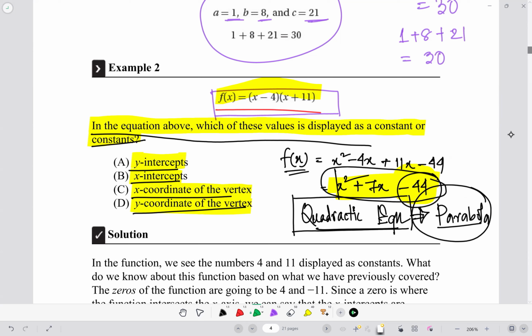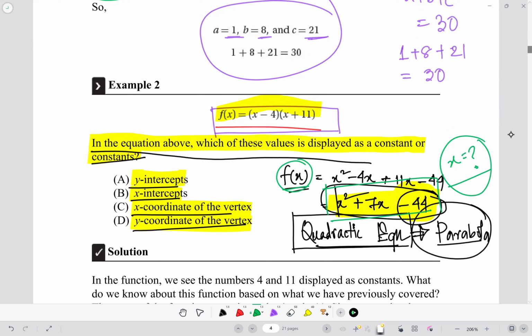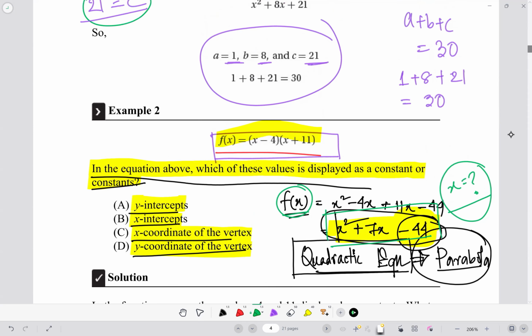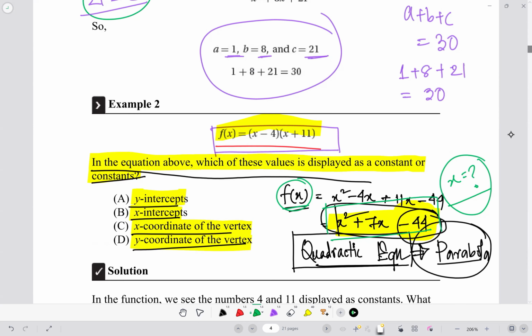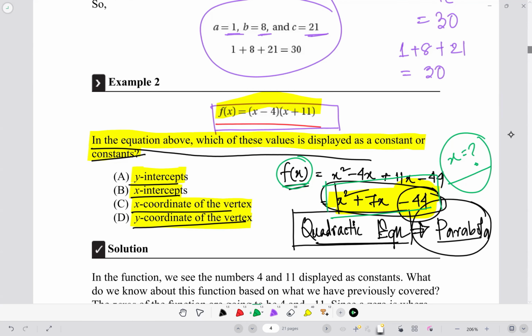If you solve x squared plus 7x minus 44 for x, what is the value of x? You can solve it, but that won't help you to find the answer, because we are asked what the constants displayed in this equation represent.